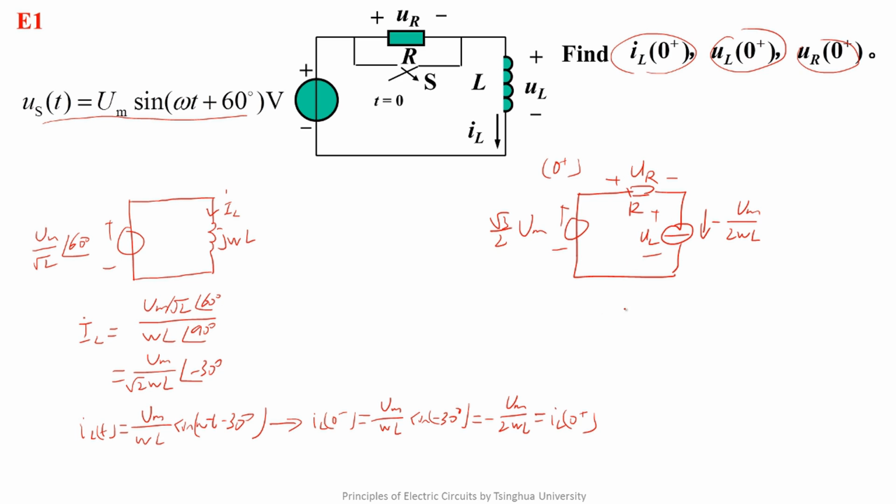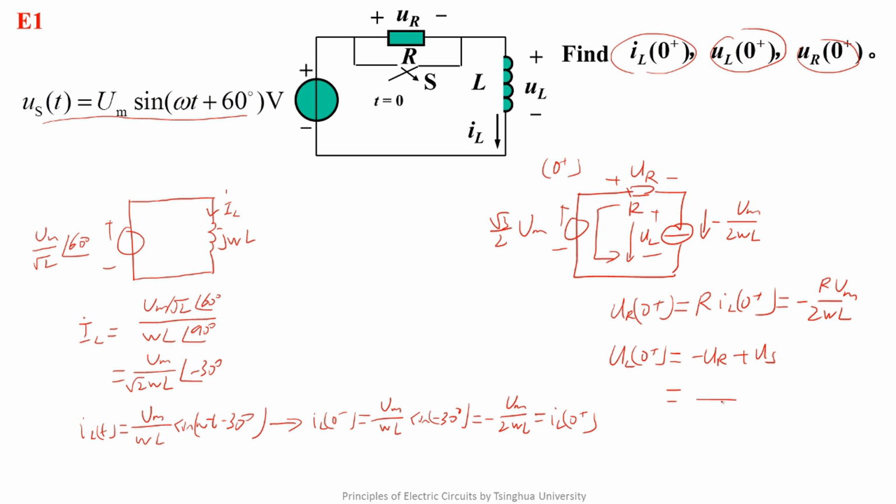For this simple resistive circuit, we know this. Next, in order to find UL, we need to utilize KVL through this path. Then we finish the solution process.